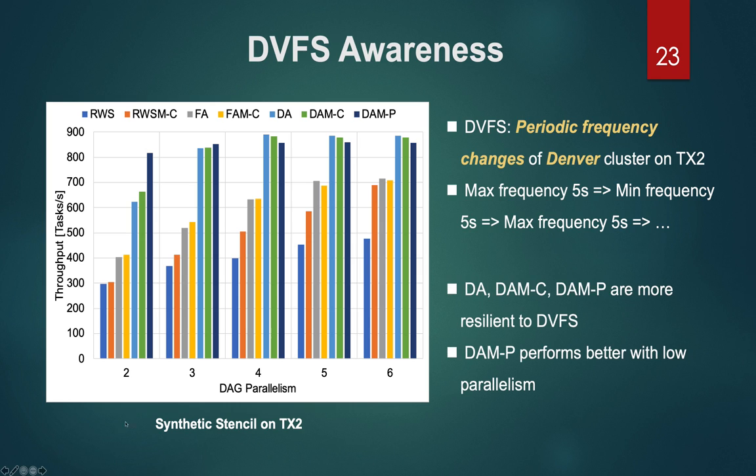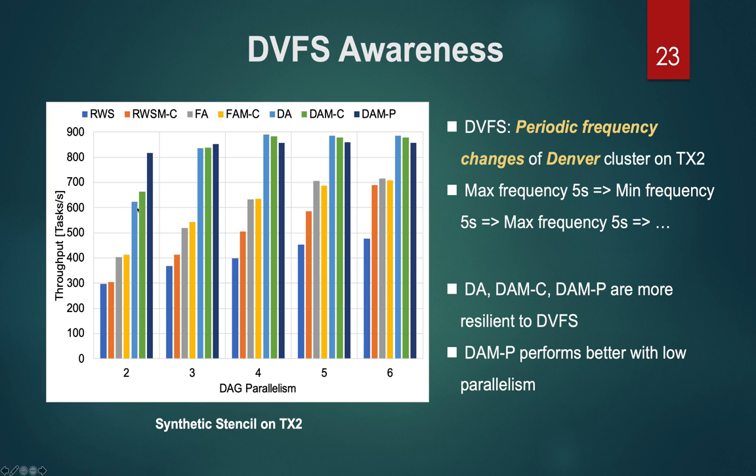We can see that random walk stealing and fixed asymmetry show a linear trend when the DAG parallelism increases. Dynamic asymmetry achieves higher throughput even at low parallelism, and from parallelism 3, the performance of the dynamic asymmetry schedulers is almost the same. Also, they are more resilient to DVFS interference.